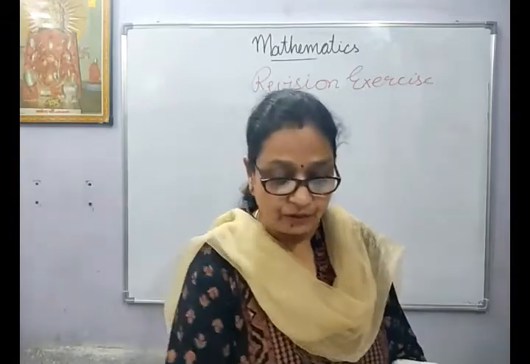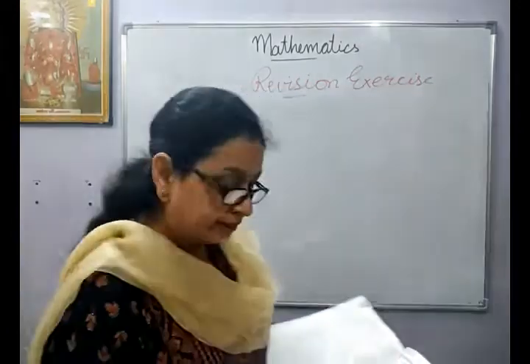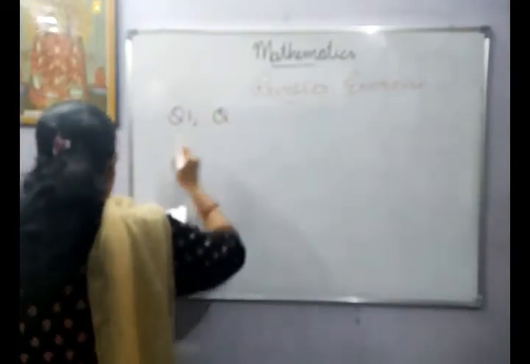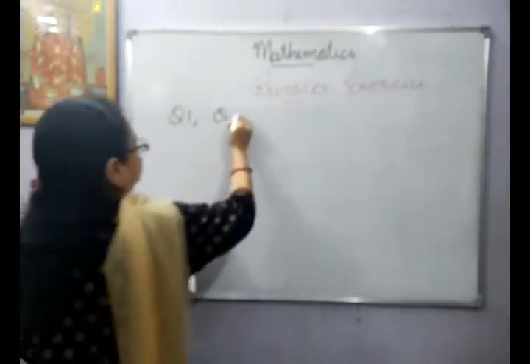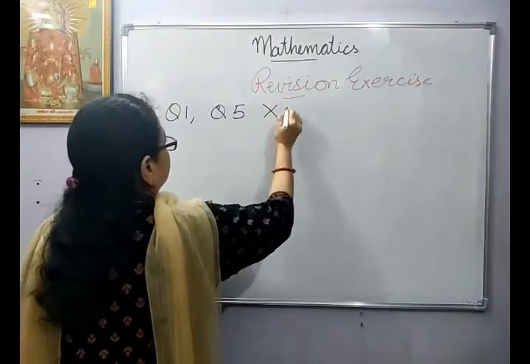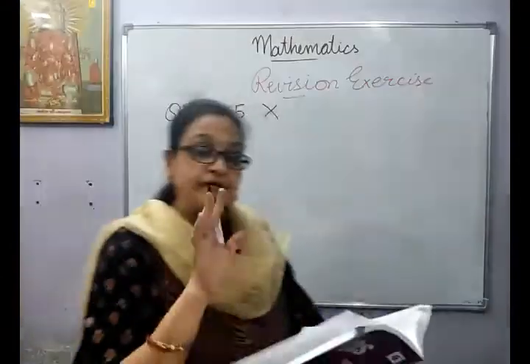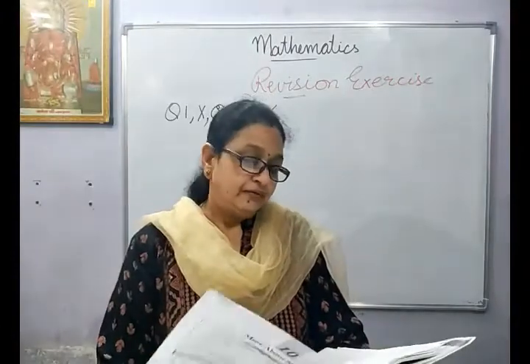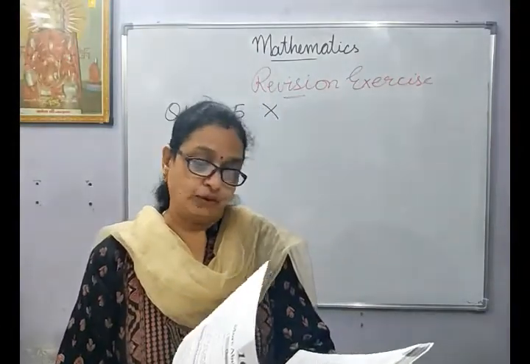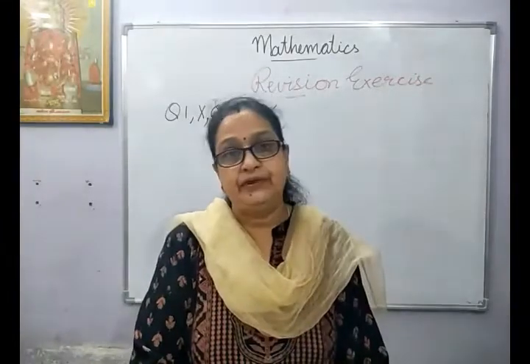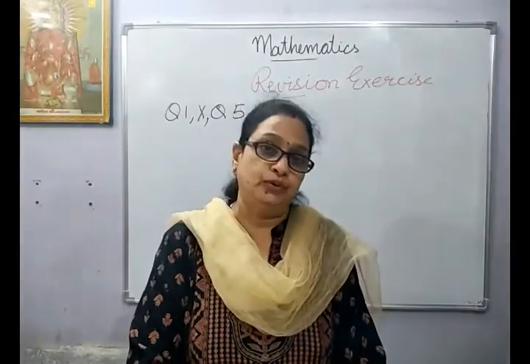In this you will not be doing question number 1 and question number 5. The rest you will all do: second, third, fourth and sixth. These you have all done in the previous exercises, so please go through them.